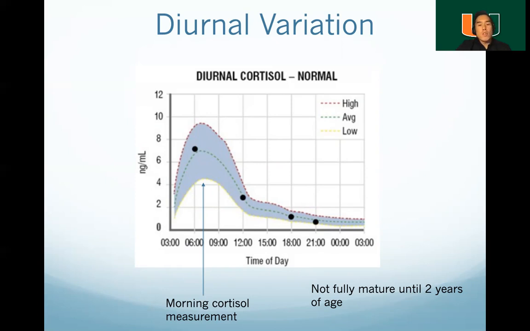So what we do, we probably do our best estimate, right? So we do it before feedings. Remember, when you start feeding, when you start having glucose in the system, it suppresses your glucocorticoid, right? So we always do it closest to the next meal, right? So that's our best estimate, right?